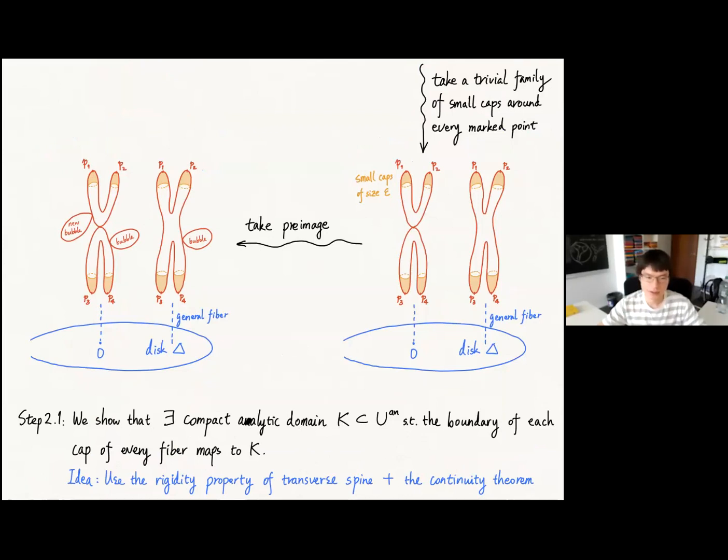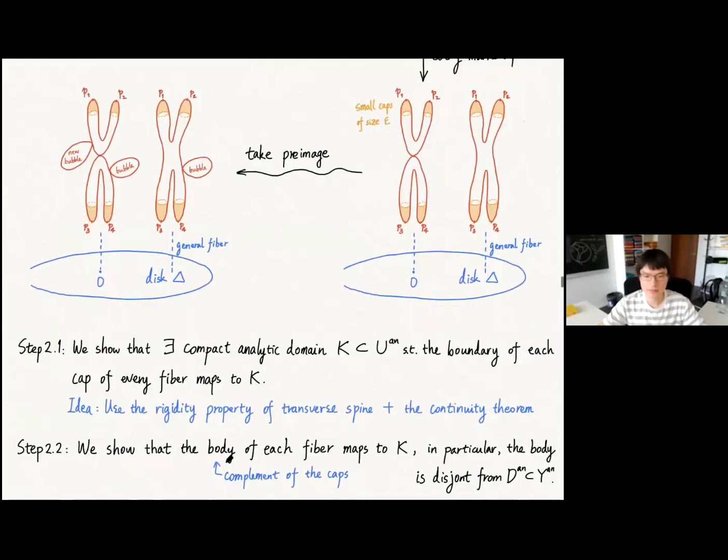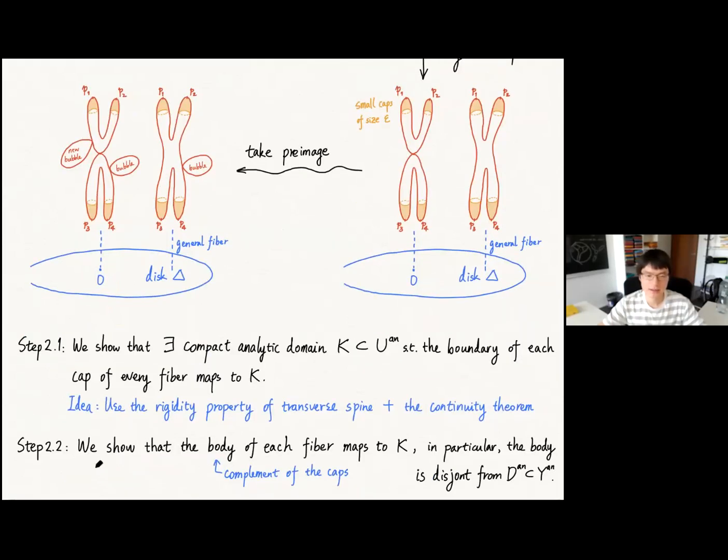So first, we control the boundary of these caps. And second, we show that the body, this white part, of each fiber maps to K. In particular, the body is disjoint from the boundary, D analytic.